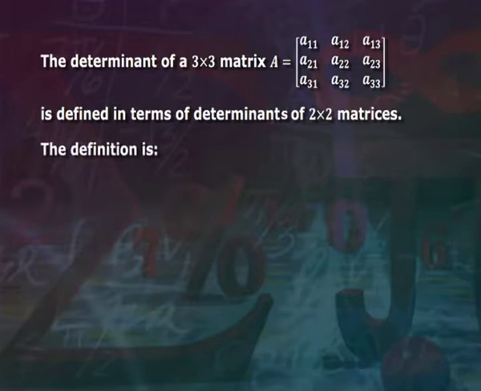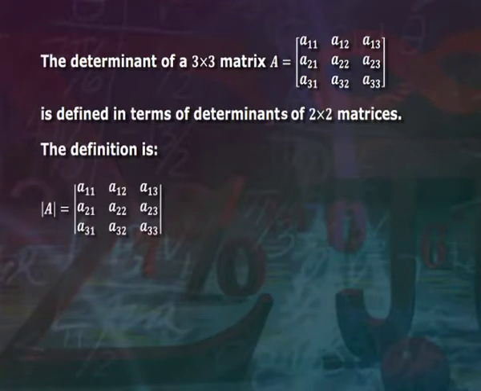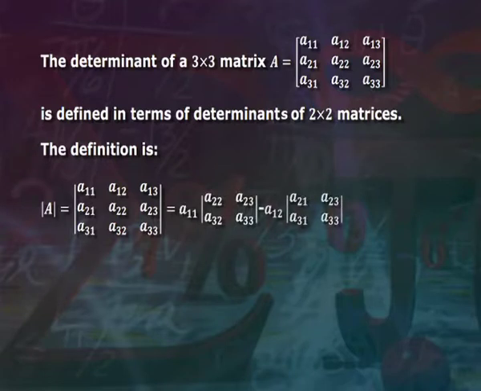The definition is determinant of A equal to a11 times determinant of [a22, a23; a32, a33] minus a12 into determinant of [a21, a23; a31, a33] plus a13 into determinant of [a21, a22; a31, a32].